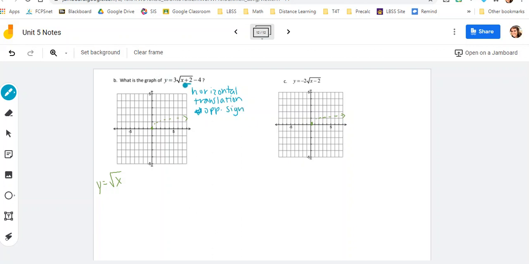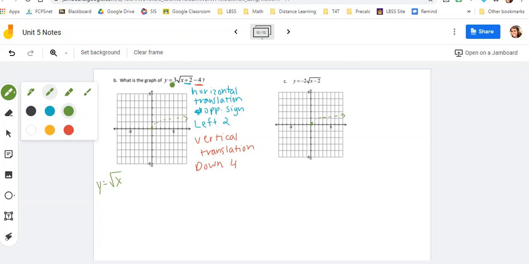So since we have +2, we are going to move left 2. And then this -4 on the outside is still our vertical shift or our vertical translation. And the sign follows the direction you would think. So since it's a -4, it is going down 4 spaces.